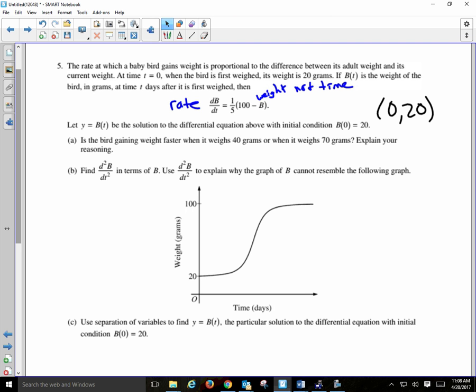Is the bird gaining weight faster when it weighs 40 grams or when it weighs 70 grams? Explain your answer and your reasoning. Weight, not time. Again, we're looking at its current weight, not the time.